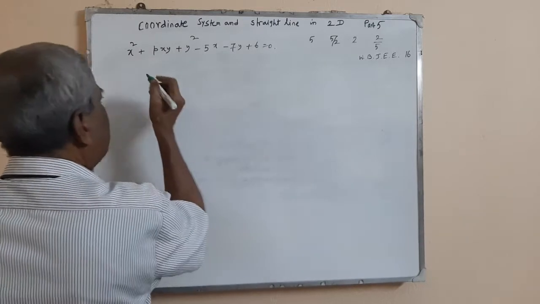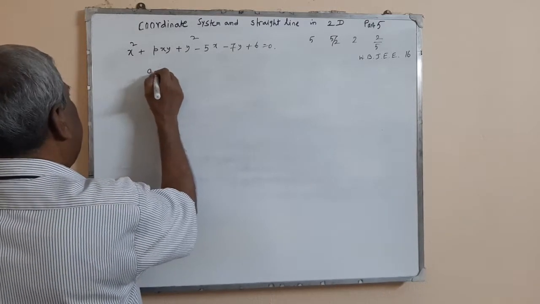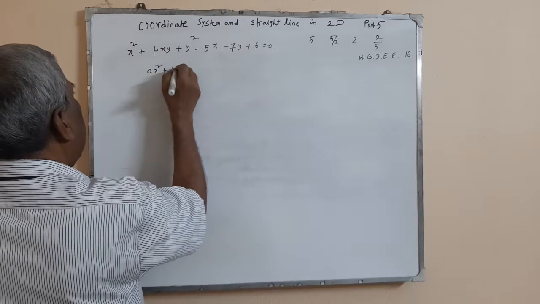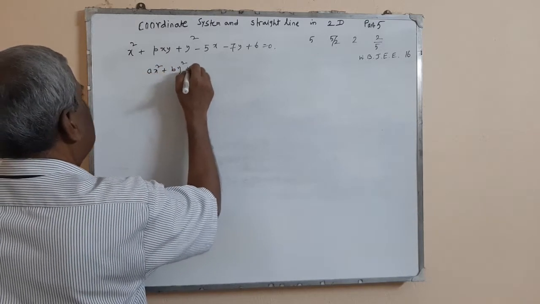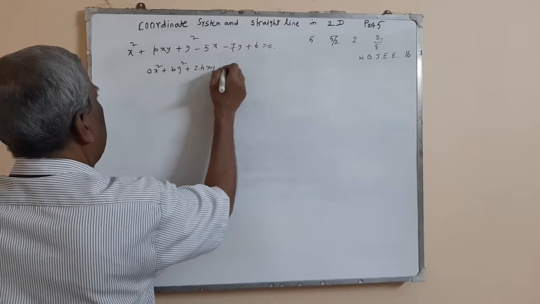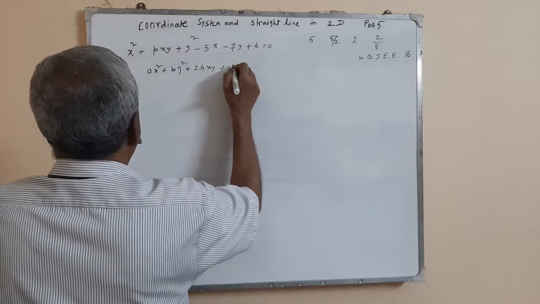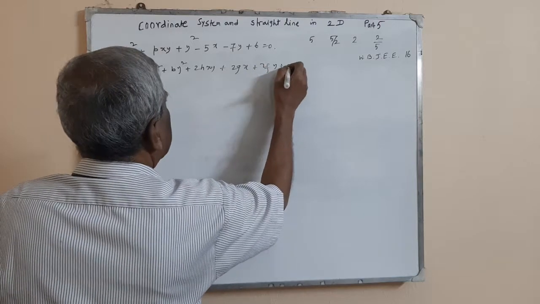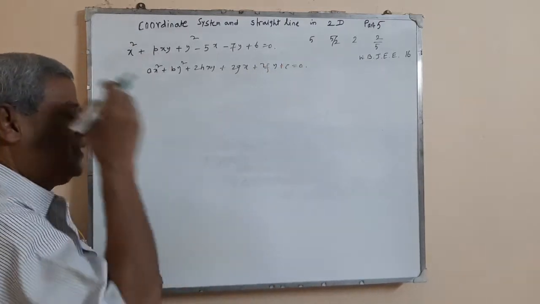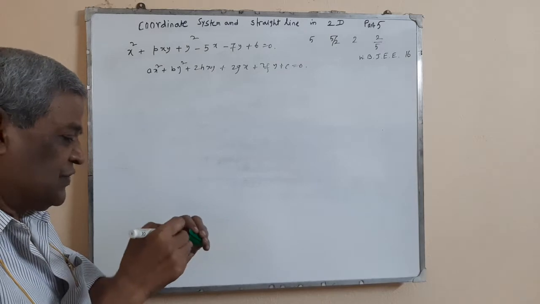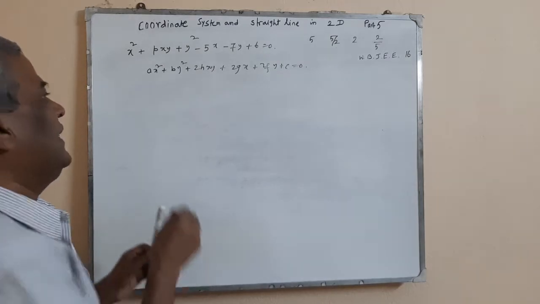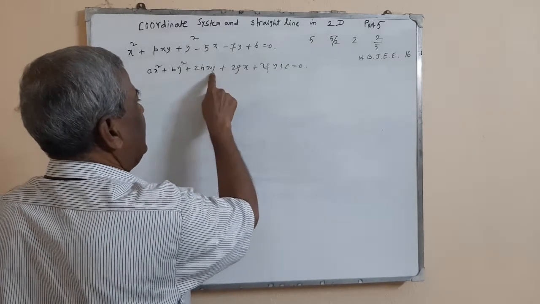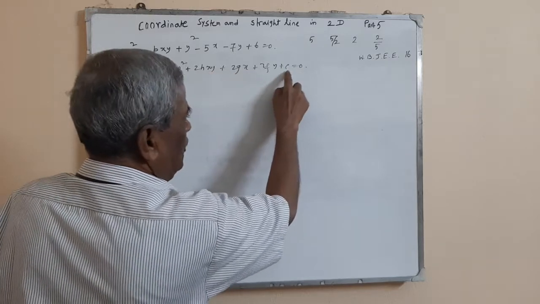So we know that ax squared + by squared + 2hxy + 2gx + 2fy + c = 0 is known as the general equation of second degree. This part is second degree, up to this, first degree and constant.